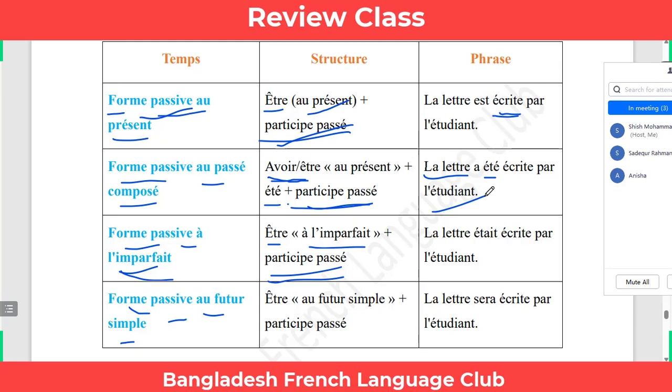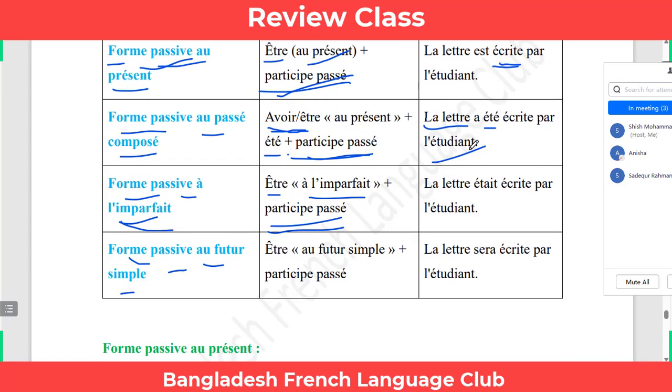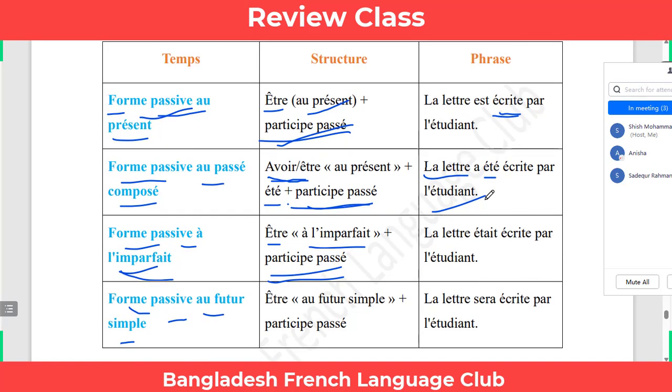So is there anything in why it has been? Then you can translate it, because the imperfect translation in French is like was. That is why I am not doing it with was, because if I do it, it will be confusing.